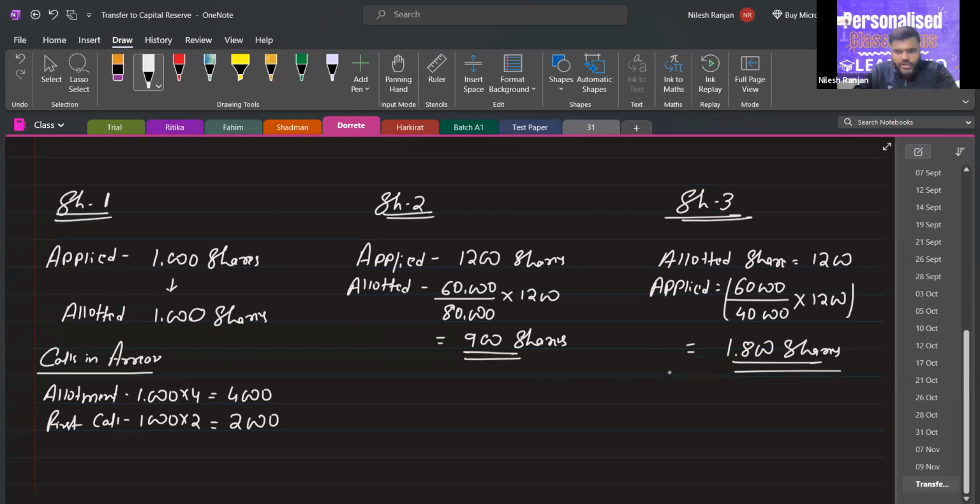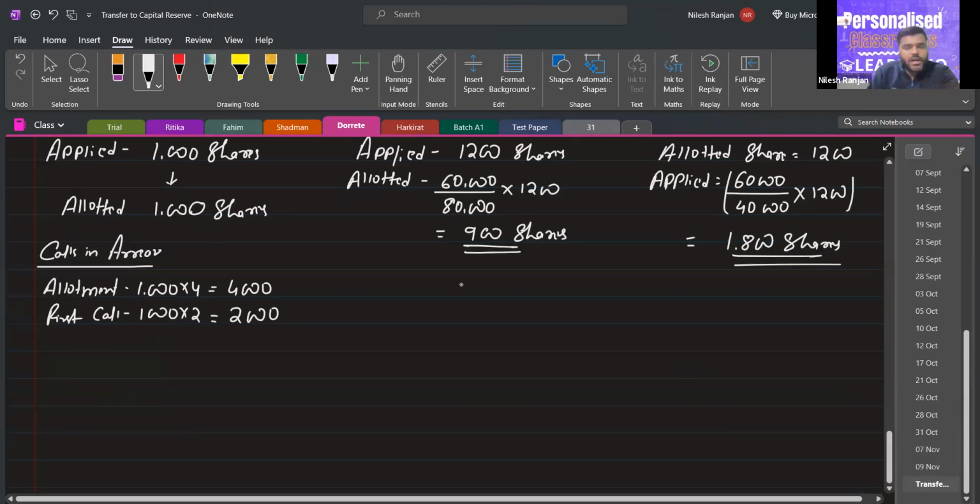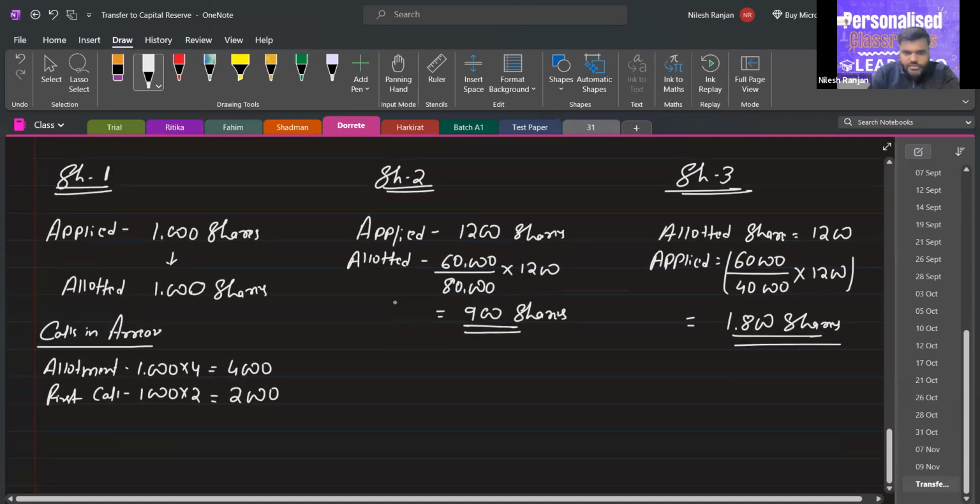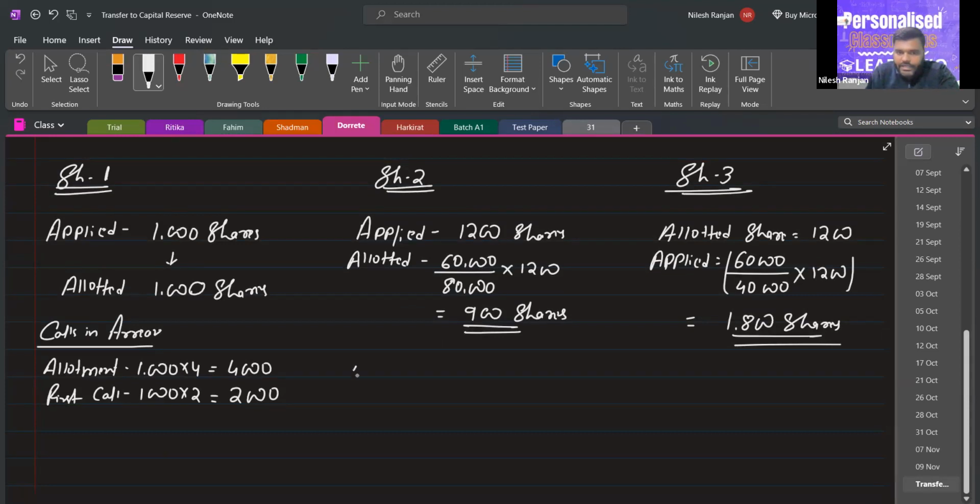Okay, so now how much excess application money has this second category paid? So application money paid. I'm writing something in short, but you have to write it the full word. Application money paid by him is 1200 into 5, that is 6,000.